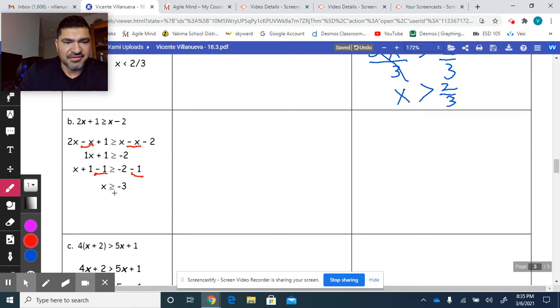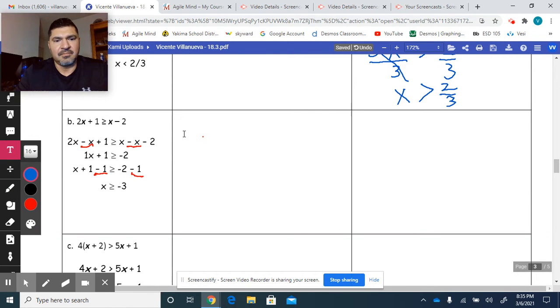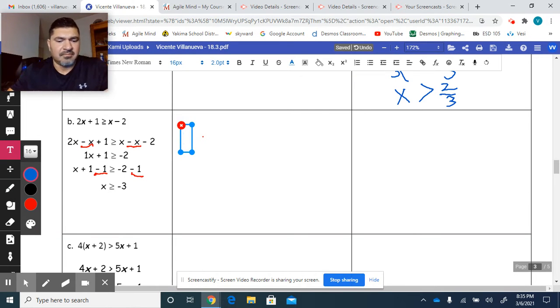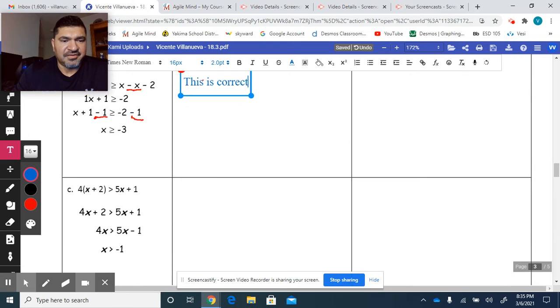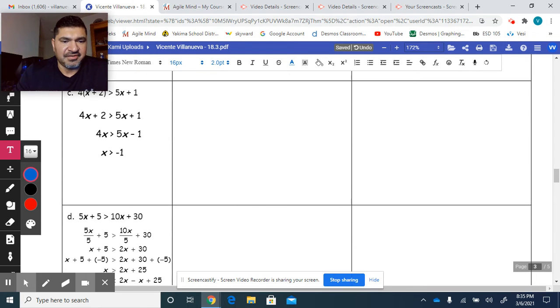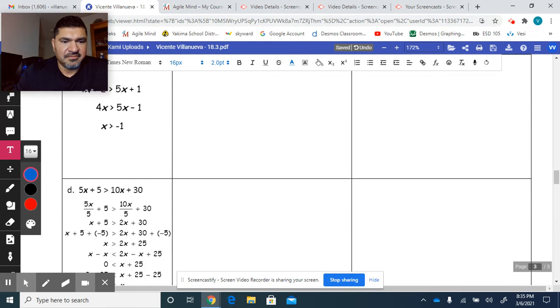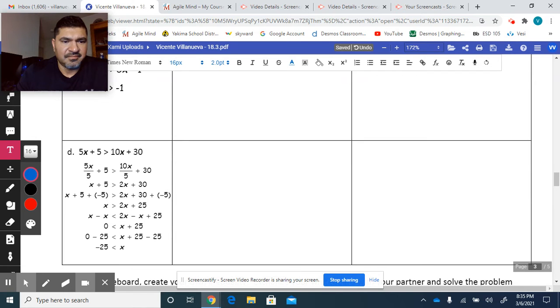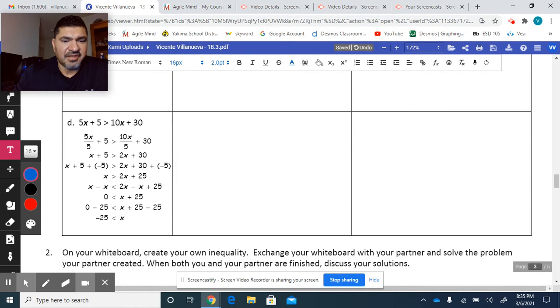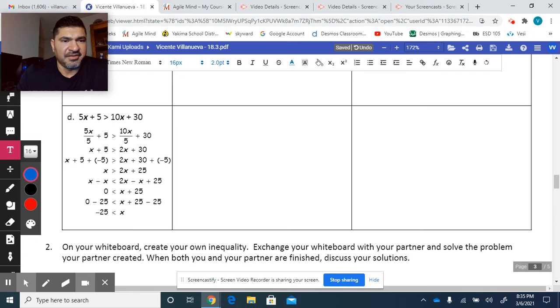Okay, and this is correct. So let's just go ahead and type that out. And because they did it correct, we don't have to do it correctly over here. Let's take a look at letter C. Actually, you know what? Let's skip down to letter D. Let's do the harder one.